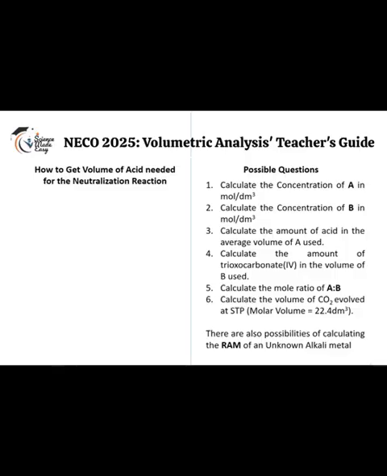Now, from these parameters and values we've gotten so far, how do we estimate the volume of acid that is needed for the neutralization reaction? Recall that CaVa over CbVb is equal to Na over Nb. From all that we've gotten so far, Ca is equal to 0.0995. Va is what we are trying to estimate. Cb is equal to 0.052. Vb is 25.0, which is gotten from the volume of the pipette.